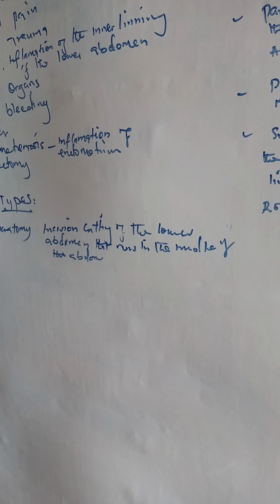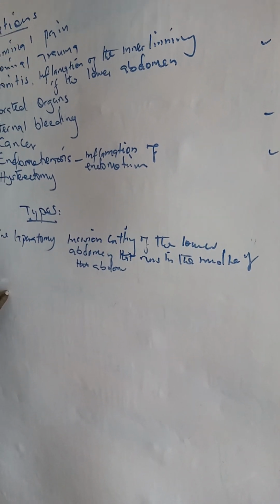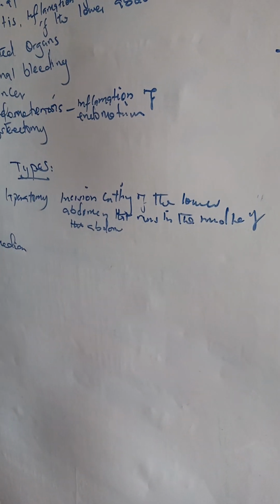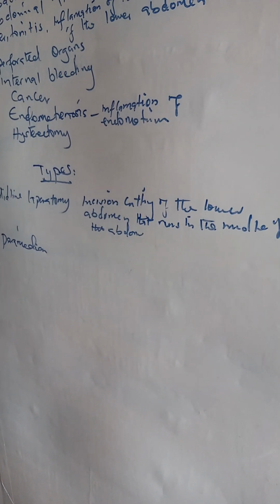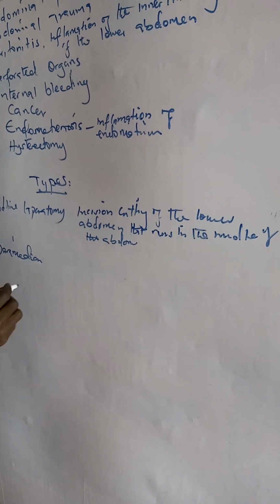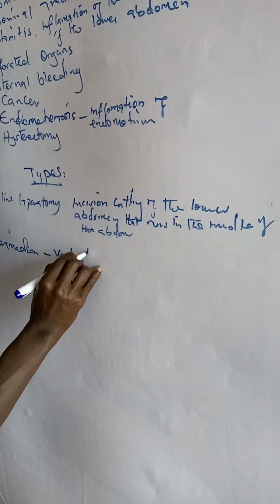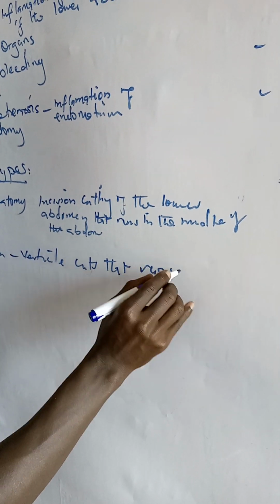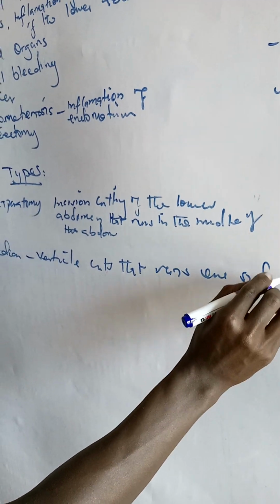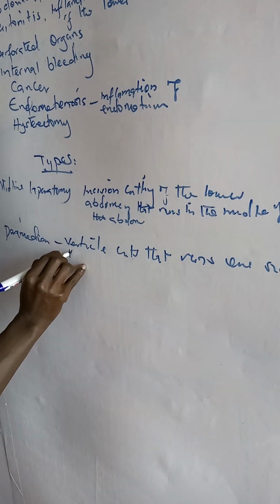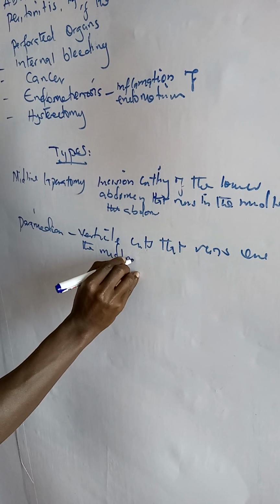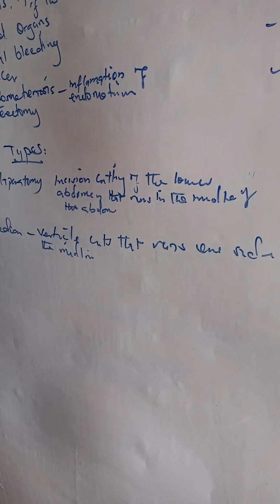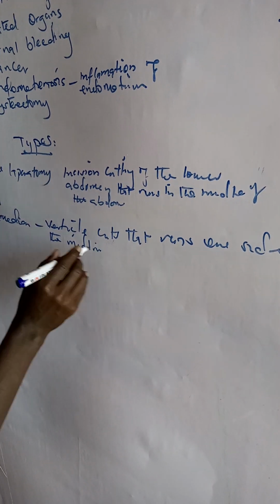We also have paramedian laparotomy. It is the vertical cut that runs one side of the midline. This allows the surgeon to access the kidneys and adrenal glands.